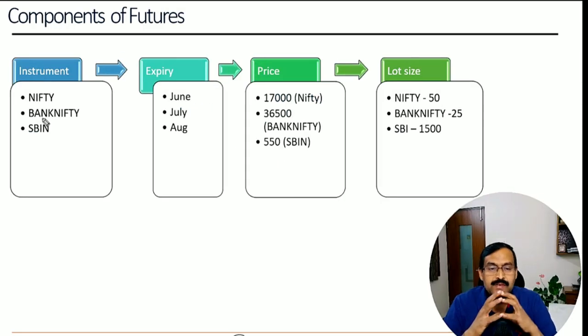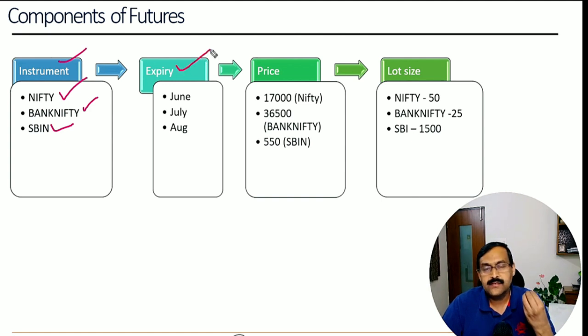Here are the components of futures. It has an instrument from which the future contract is derived. It can be an index such as Nifty or Bank Nifty, or a stock such as State Bank of India, Reliance, etc. And as I mentioned, it has an expiration period.